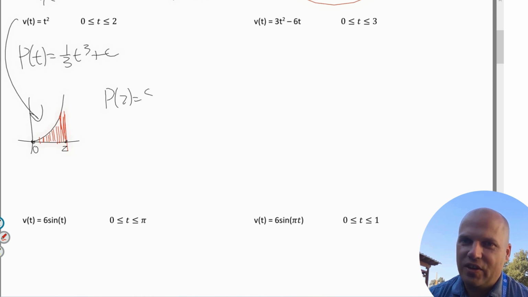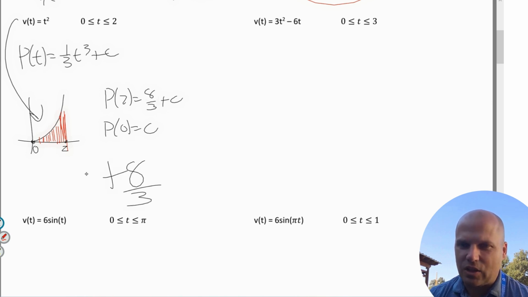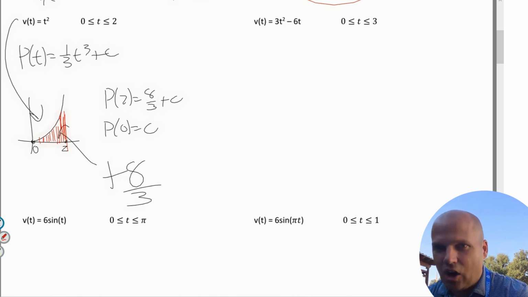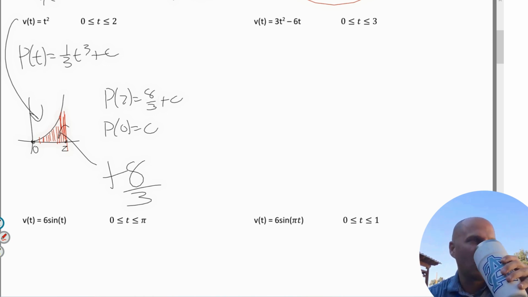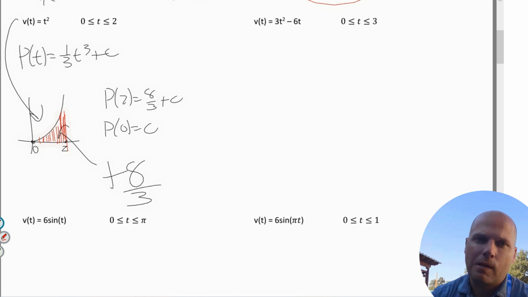And we figure out that I started at C and I got to 8/3 plus C, that my displacement was 8/3, or my area under x squared from 0 to 2 is 8/3. It's like we usually have to use geometry to find areas, not here. Not cool?